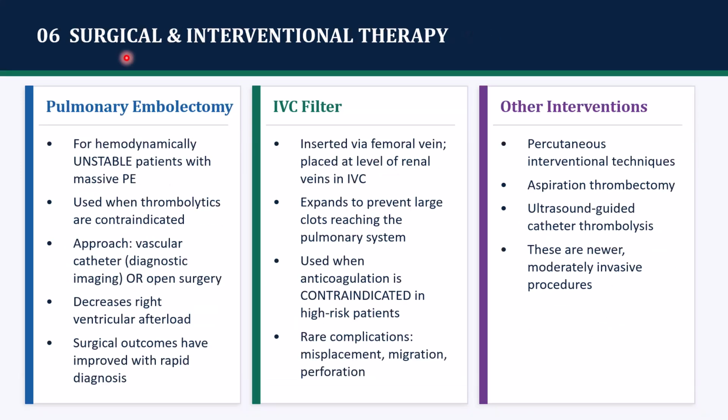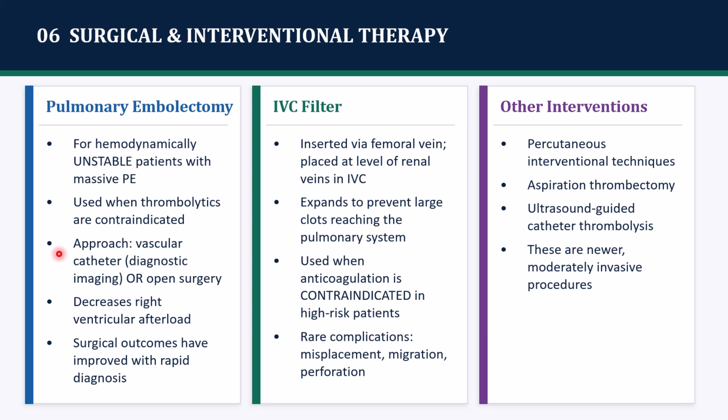When medication isn't enough or isn't an option, surgical and interventional therapies come into play. There are three main options to know. First one, pulmonary embolectomy. Pulmonary embolectomy is the surgical or catheter-based removal of the embolus itself. This is reserved for hemodynamically unstable patients with massive PE where thrombolytic therapy is contraindicated.